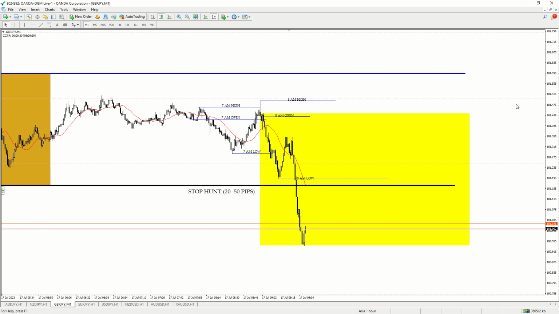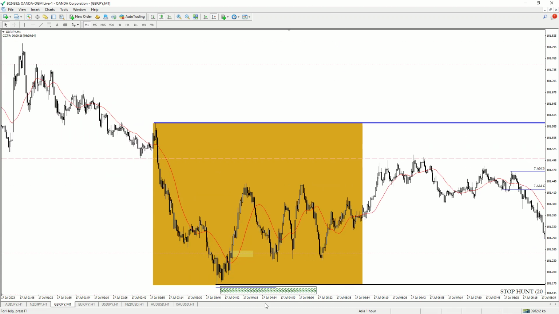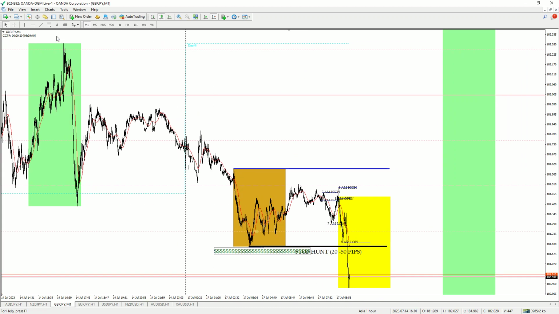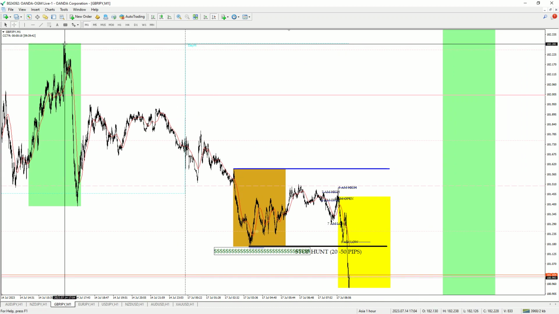So all in all, I want to see how many pips this thing fell since morning. From the high, as you can see, this is the high of Friday. How many pips did they fall? They fell 130 pips.